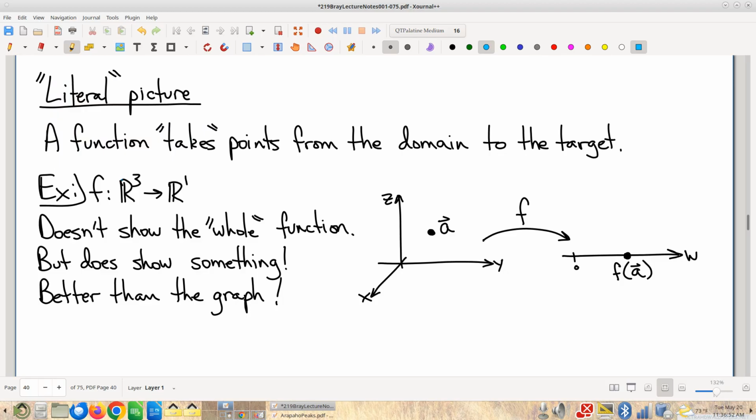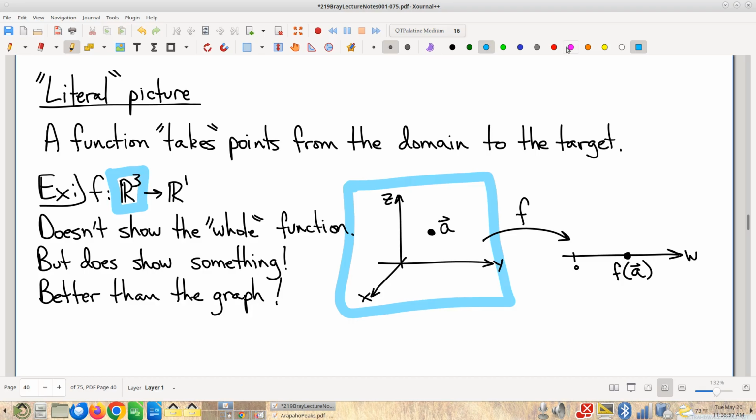It's literally taking the domain and drawing that domain, taking the target and drawing that target, and then taking the suggestion again of this arrow as, stuff comes out of the domain and goes into the target, and literally just indicating that, look, stuff's coming out of here and going into there. It's pretty literally just drawing exactly what the function is doing.